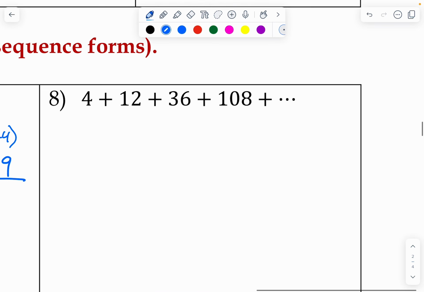Let's do one more together. On this one, what do I notice? I added 8. Oh, I added something big. Okay, so I'm going to multiply by 3 this whole way. So this is geometric, and it's infinite.